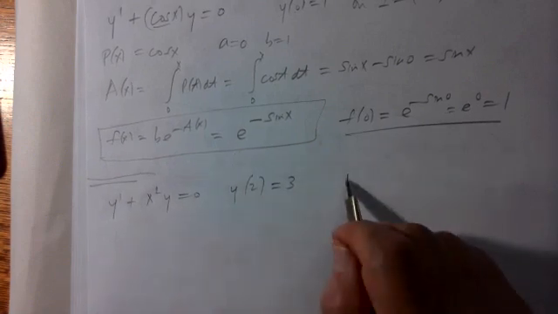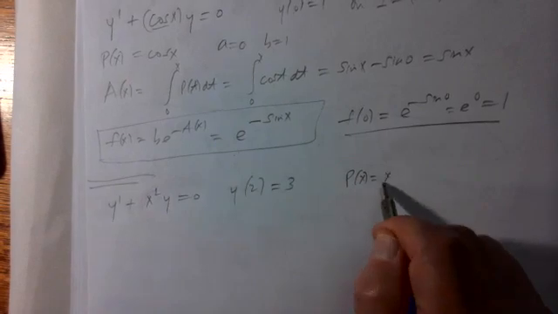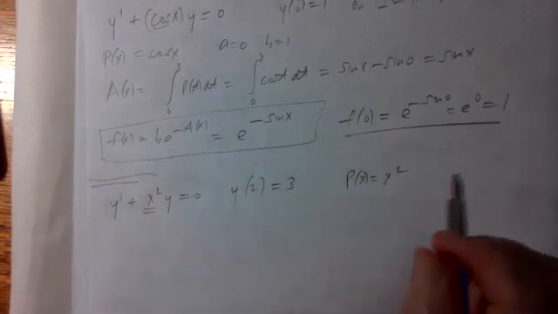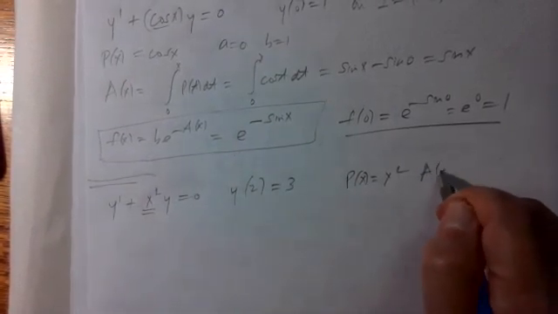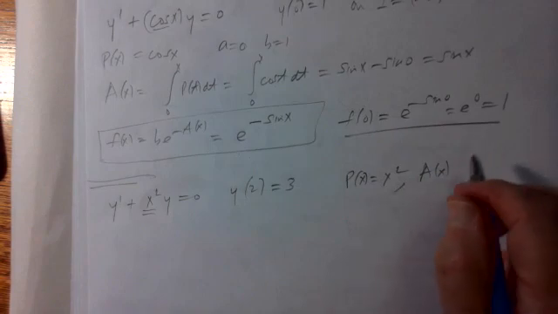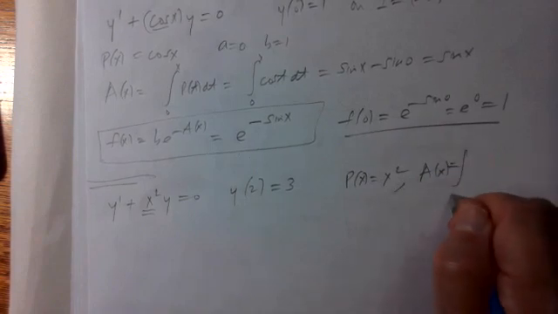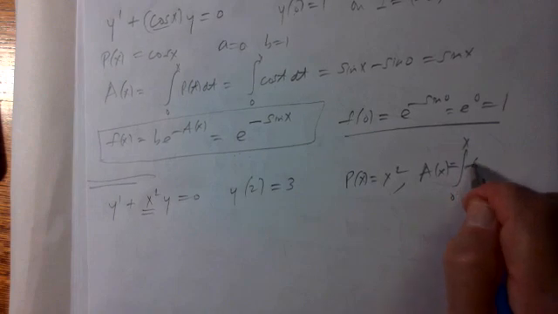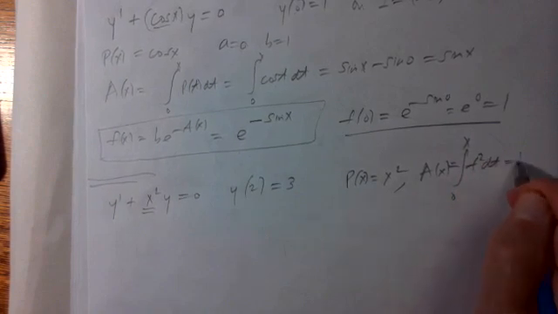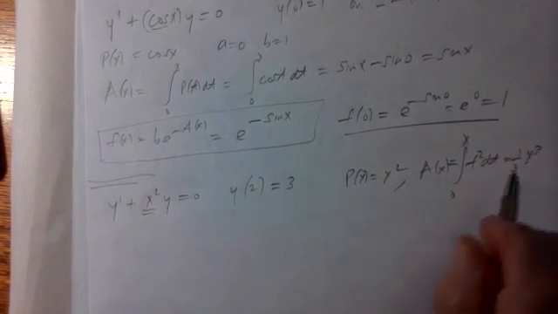So in this case, p of x is just x squared. That's my p of x. A of x is the integral from 0 to x of t squared dt, which is 1/3 x cubed.